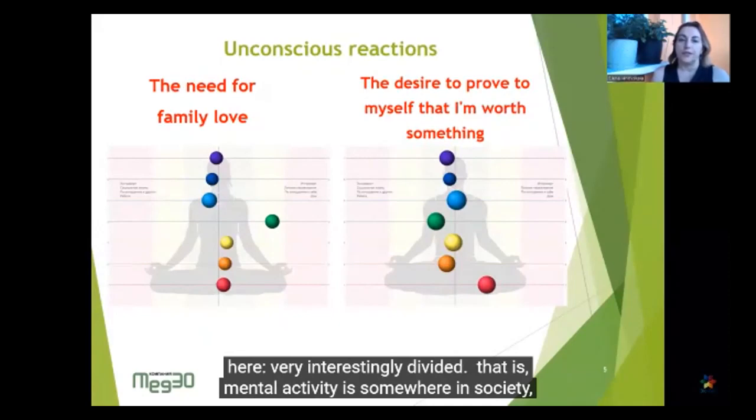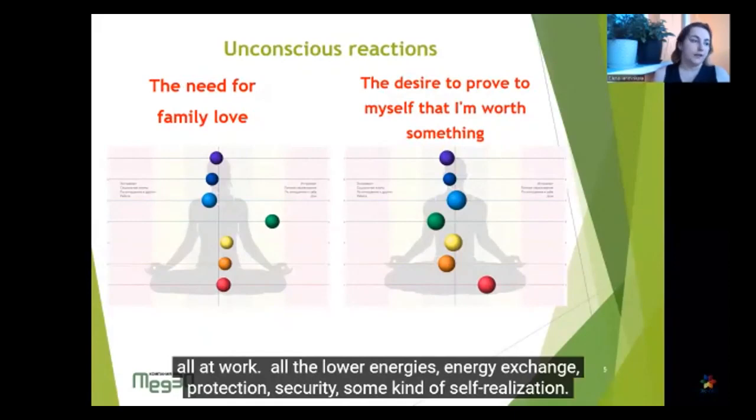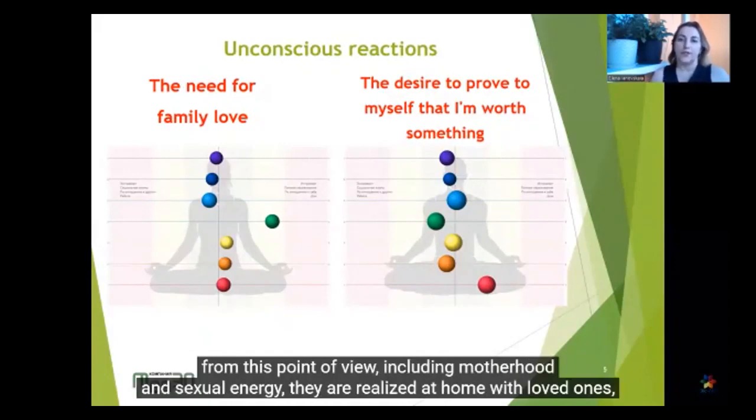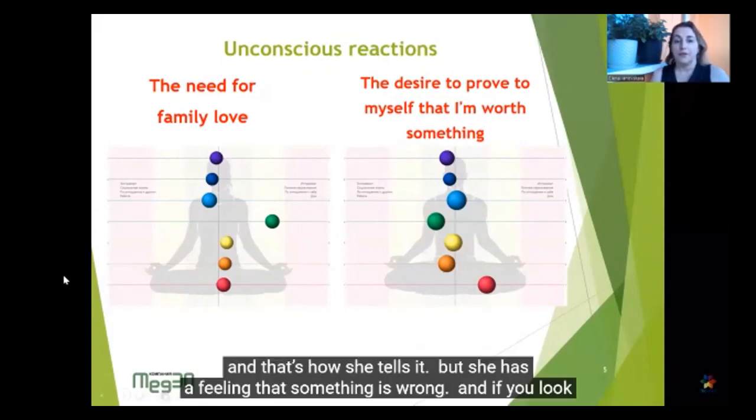But in general, if you look, it's very interestingly divided: mental activity is somewhere in society, at work, and the lower energies, lower chakras, energy exchange, protection, security, some kind of self-realization is at home. So including, from this point of view, motherhood and sexual energy are realized at home with loved ones. And that's how she tells it, but she has a feeling that something is wrong.